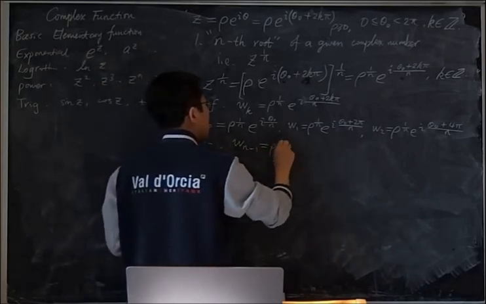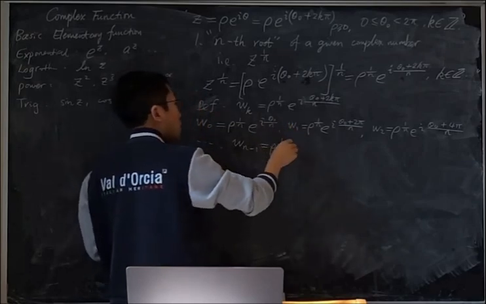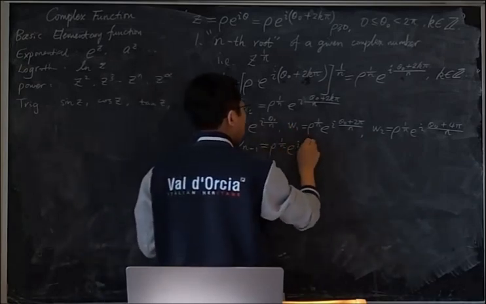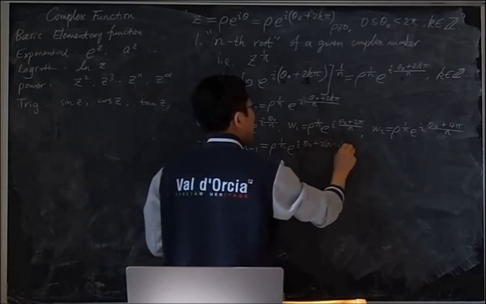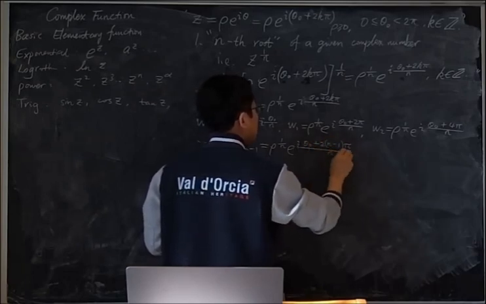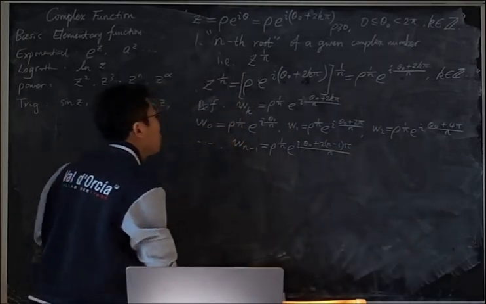That is rho to the 1 over n times e to the i of theta naught plus 2 n minus 1 pi over n.